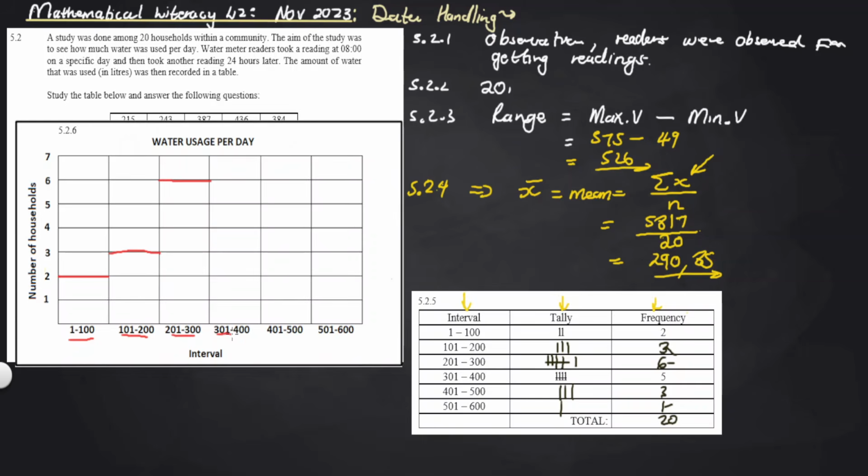And then 301 to 400 we need 5. And then 401 to 500 we need 3, and for the last one it's going to be 1. So for a histogram, you connect here afterwards, you draw lines to create the bars. So this is our histogram for the last question.